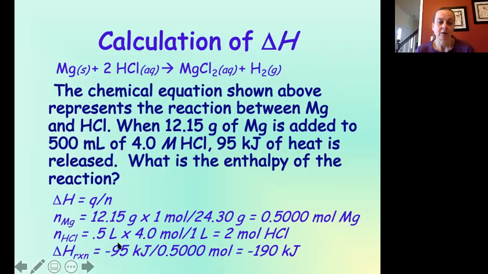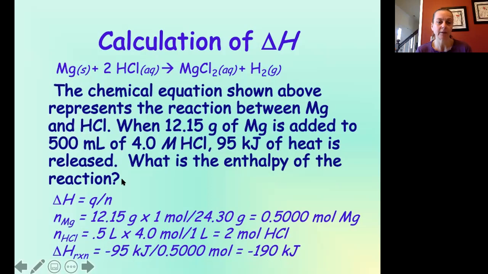So our delta H of the reaction is going to be that 95 kilojoules, remember, and because this is being produced, we're going to put a negative sign on it, divide by the number of moles, and we know that this reaction is going to have 190 kilojoules per mole released.